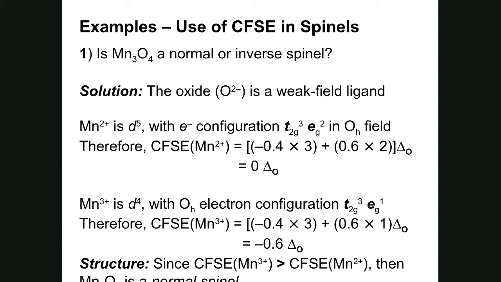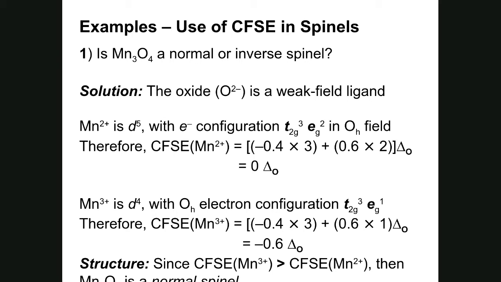And then you work out the energetics. We said to calculate the crystal field stabilization energy, you look at the number of electrons that are in each of the orbitals. The t2g orbitals are lowered by minus 0.4 delta O, and the eg are raised by 0.6 delta O. So you just multiply the number of electrons by the stabilization energy corresponding to the movement of those orbitals.